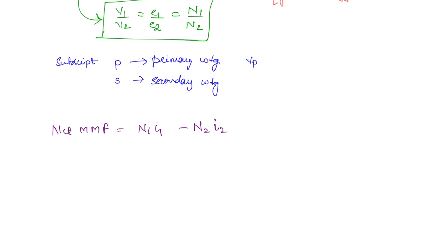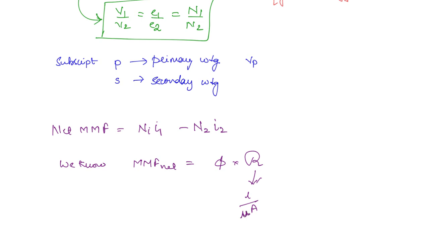But from the magnetic circuits, we also know that the net MMF is equal to the flux into reluctance. Now what is the reluctance here? This is given by the mean flux path divided by mu into A.